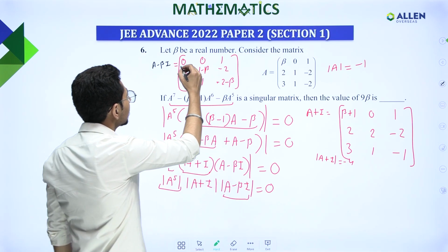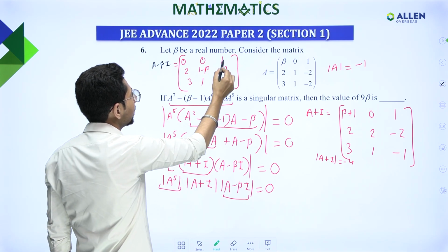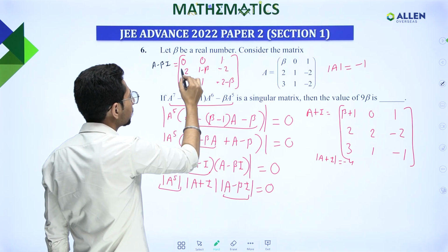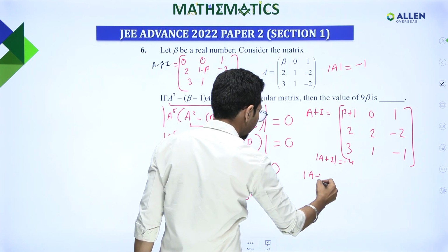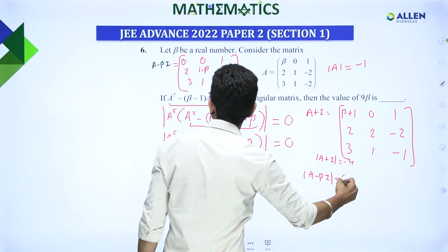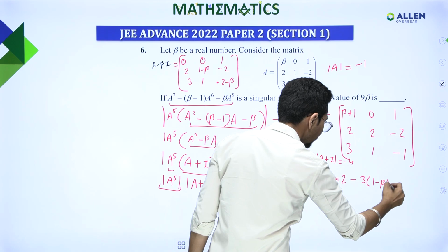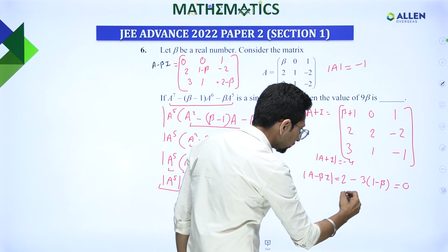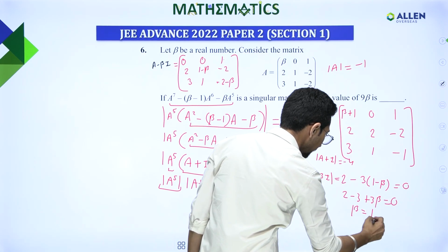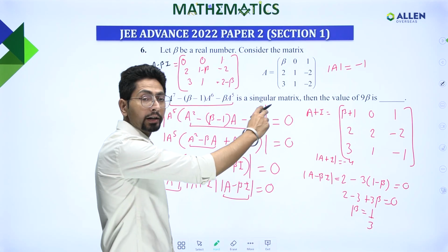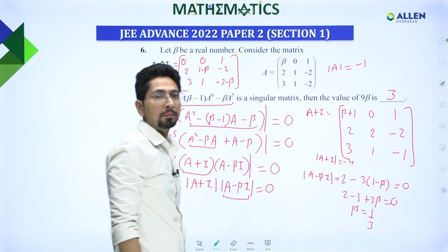So in this, the determinant of A minus beta I will be, these two are 0 only, it will be expanded through 1 only, which gives me 2 minus 3 into 1 minus beta. Right, this has to be 0. So according to this, 2 minus 3 plus 3 beta is equal to 0, or beta is 1 by 3. If beta is 1 by 3, we have to find 9 beta, that is 9 by 3, that is 3.